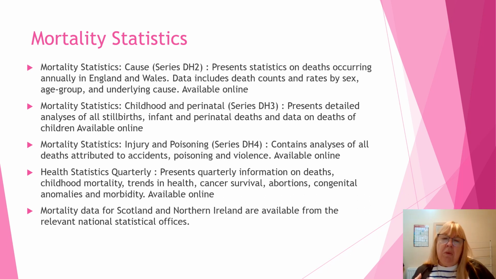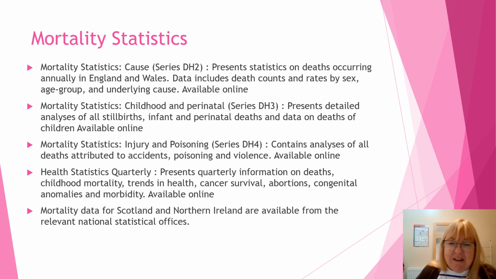But also, Health Statistics Quarterly looks at trends in cancer survival. How many people die, how many people don't die with certain cancers. So it helps them really do their research into how long people are surviving. Abortions, congenital abnormalities through birth, babies that die, babies that survive, that sort of thing, and general morbidity.